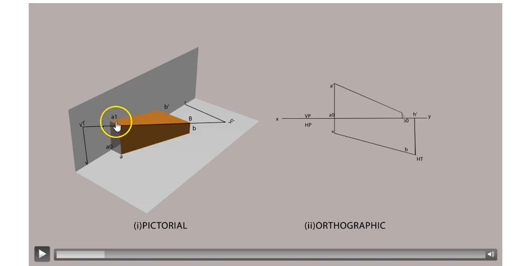Say for example, if we take the first case, A dash B dash and capital AB together will form a plane, and similarly capital AB and small ab, that is the true original line and its projection on the horizontal plane, they together form another plane.